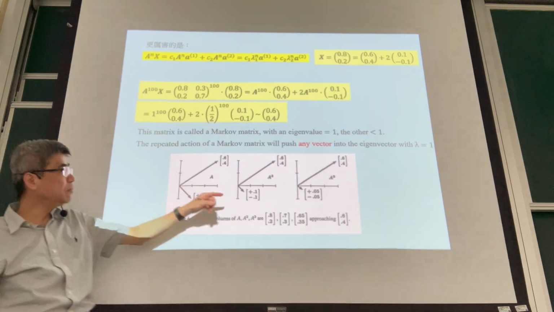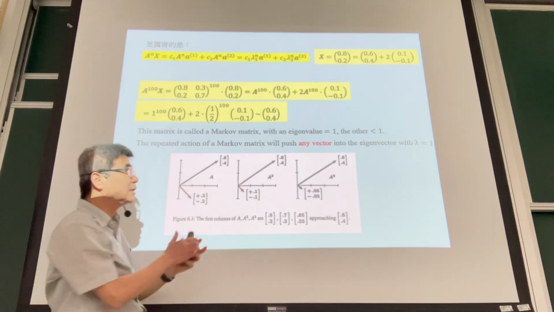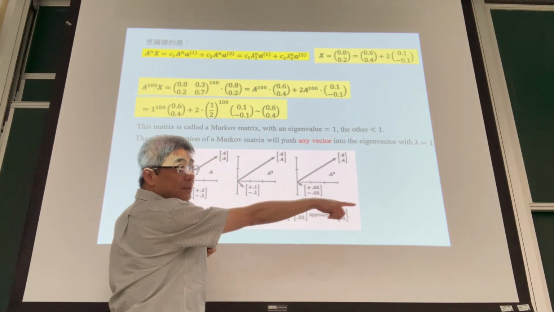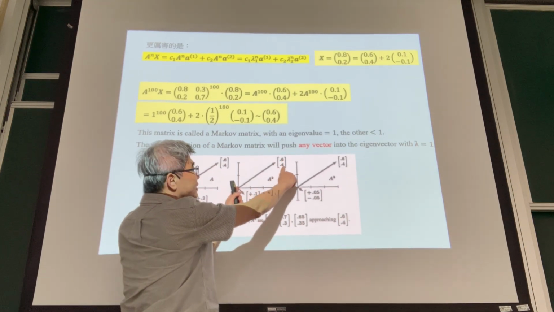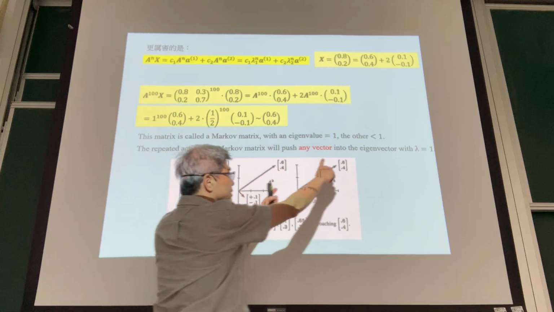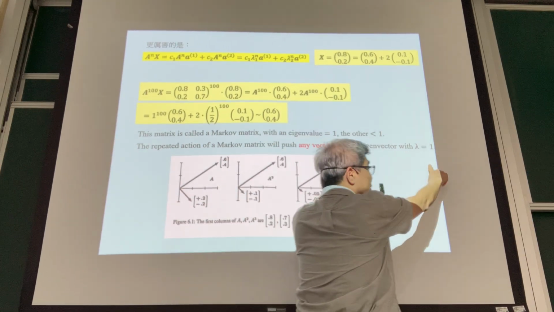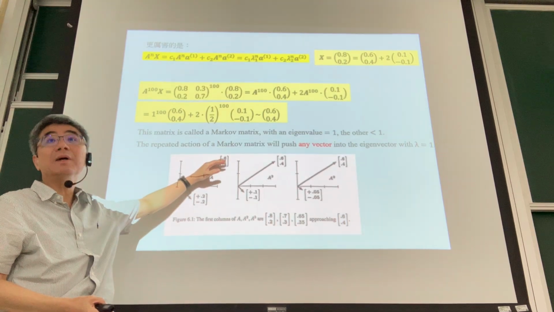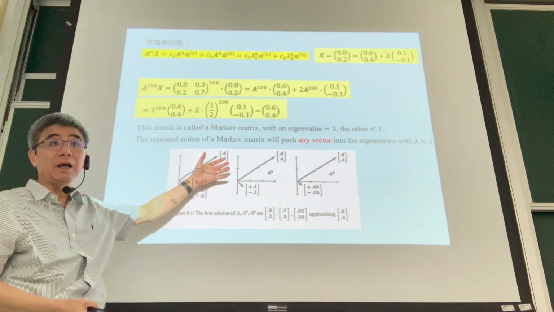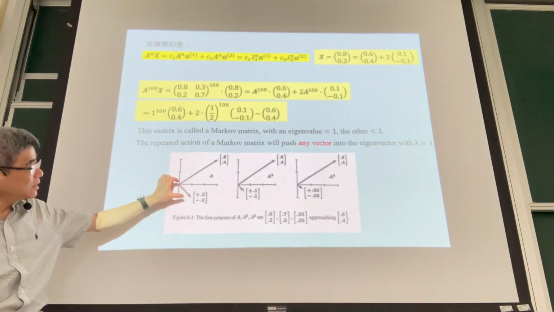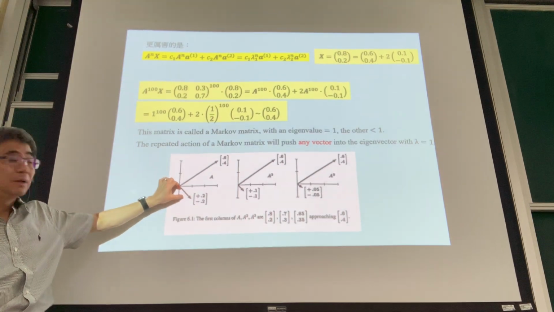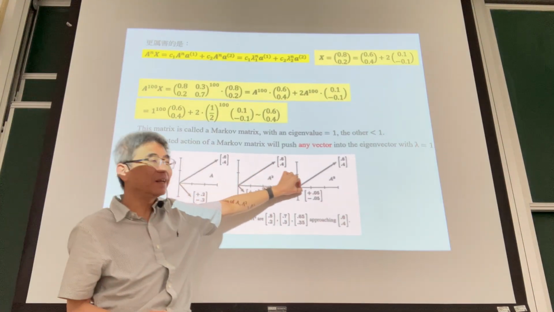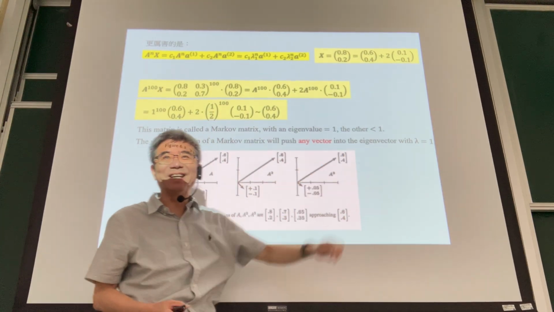The second time, remember, I told you that the 0.6, 0.4 does not change its length, however many times you multiply by A. However, the other component becomes 1/2, then 1/2 again, and again.